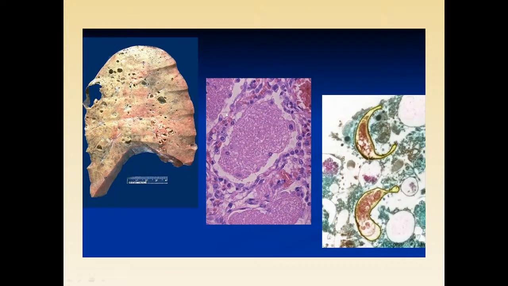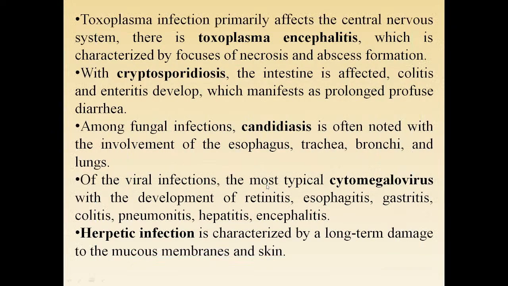Macroscopically, foci of inflammation and necrosis; microscopically, inflammation. Toxoplasma infection primarily affects the central nervous system, with formation of toxoplasma encephalitis, characterized by foci of necrosis and abscess formation.